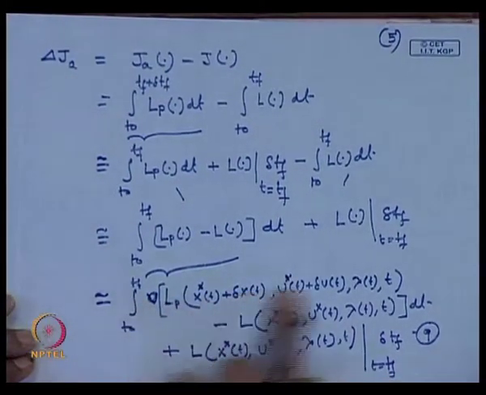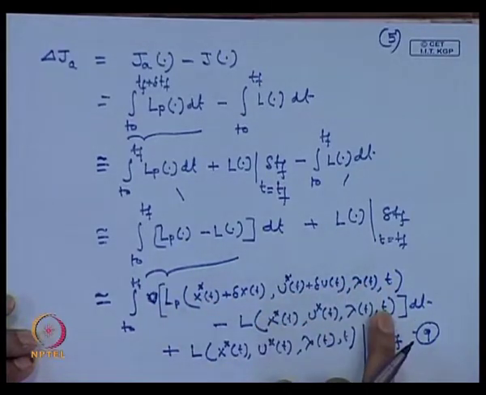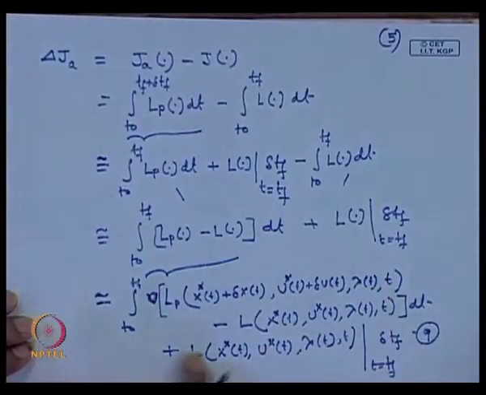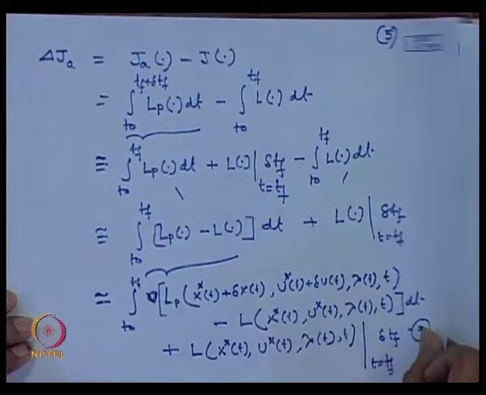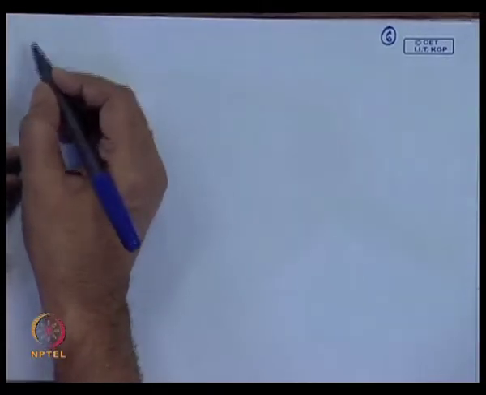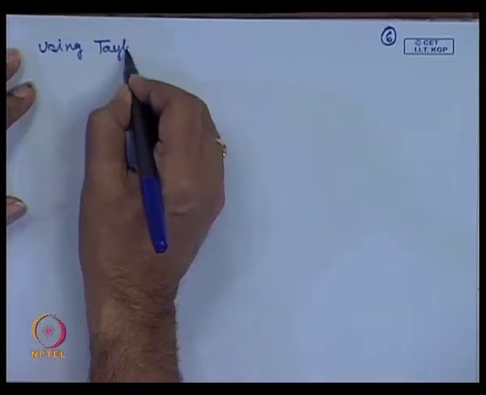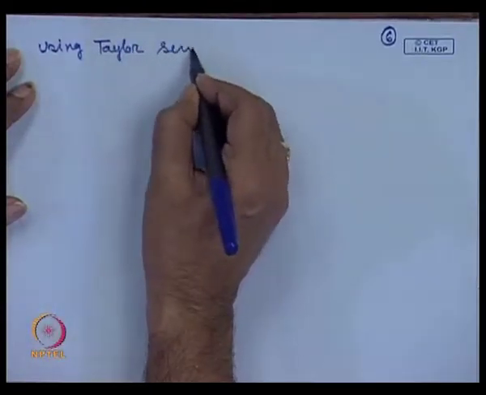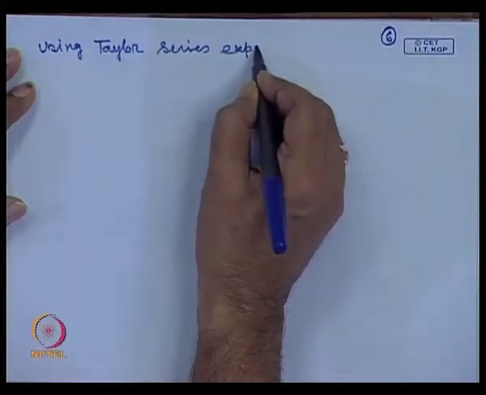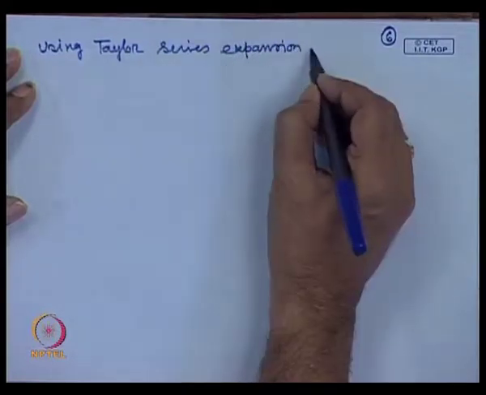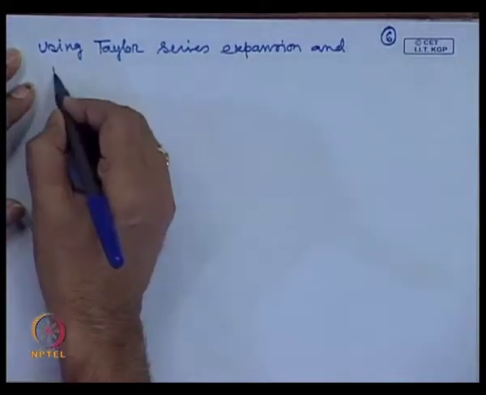Now, see this part: if you do the Taylor series expansion and use the chain rule, as we did earlier, we can simplify the first part of the integrand. The final expression will come using Taylor series expansion and integration by parts.